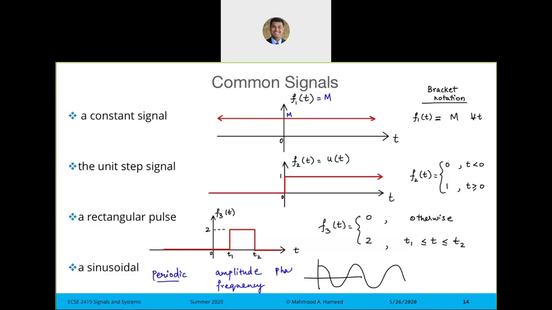Phase, what else? Offset. I think these four can all be looked at for a sinusoidal function. Wavelength is directly related to frequency. So we combine time period, frequency, and wavelength as one parameter because they're interrelated. So the independent parameters, those are the four: amplitude, frequency, phase, and offset. More on the sinusoidal function a little bit later.